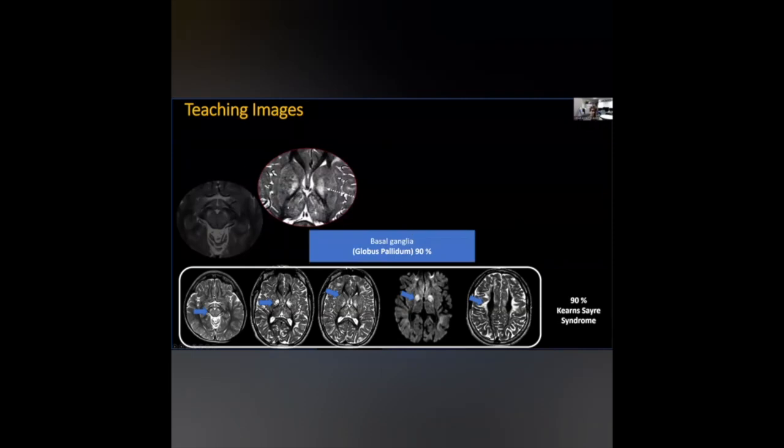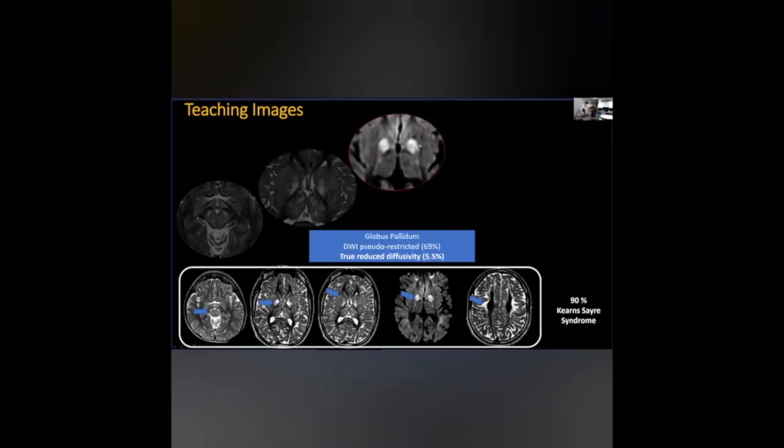The involvement of the basal ganglia is particularly noted with lesions in the globus pallidus. So the globus pallidus is involved in 90% of patients with cancer. Remember that you may see increased signal on diffusion, although true restricted diffusion is not commonly seen.